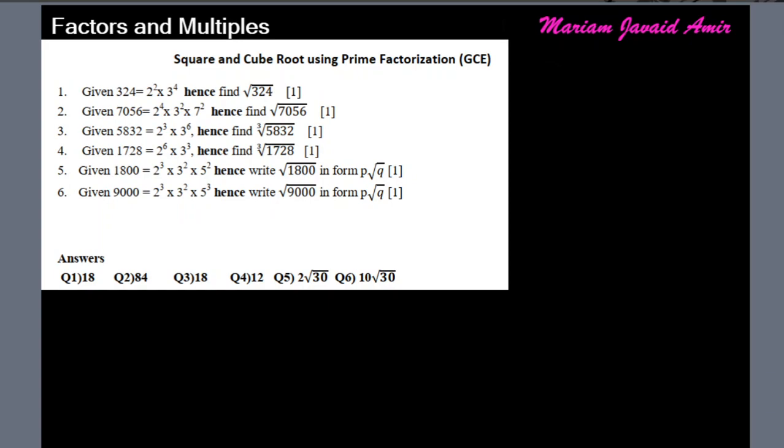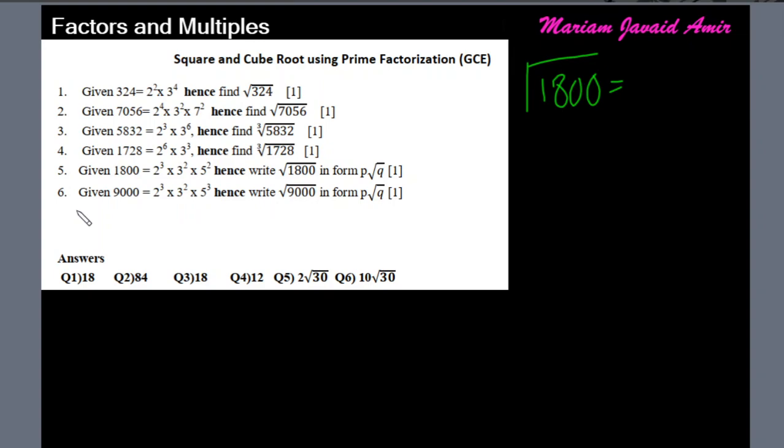So let's find the under root of 1800 first. Under root means simply divide the powers by 2. We can't divide 3 by 2. We can divide this 2 by 2, and then we can divide this 2 by 2.